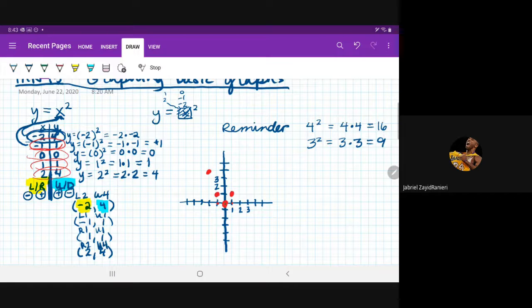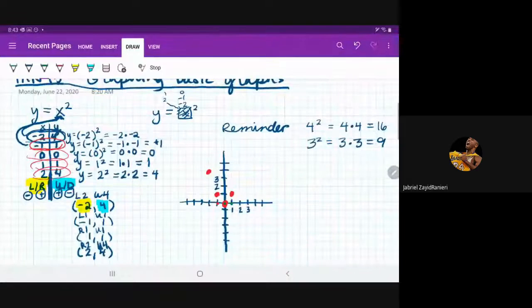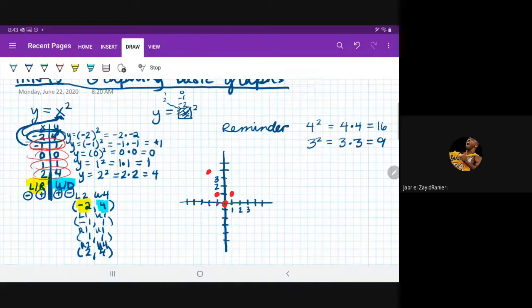So you start with 0, 0, and then you go to the right. So there's my next green dot. Then there's my next green dot, and I want to go to the right 2. And then I'm over here at the 2. I don't know if you could see the green. And then up 4. So 1, 2, 3, 4. And then that's where you put your dot, except mine wasn't red. Whatever color you're using is fine.